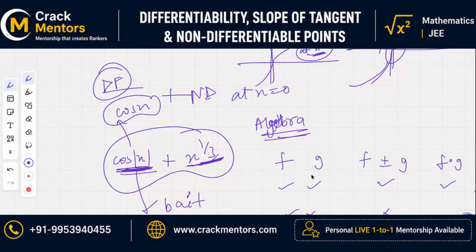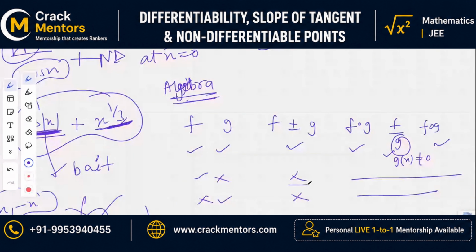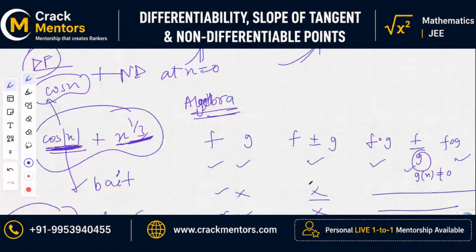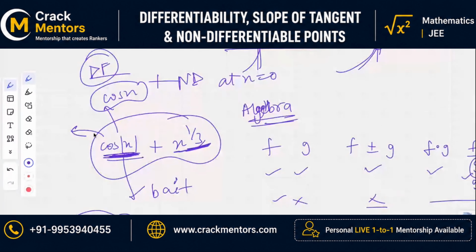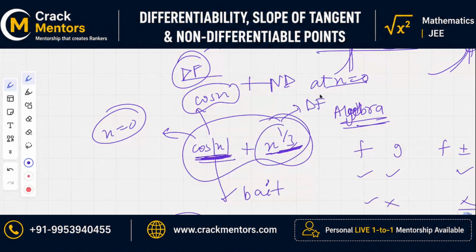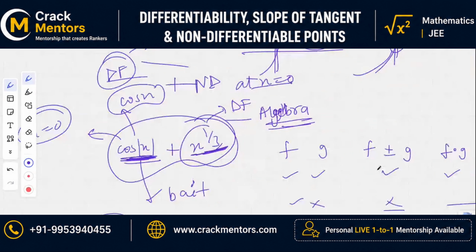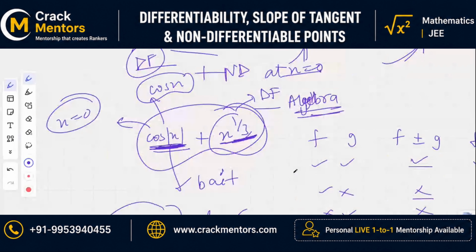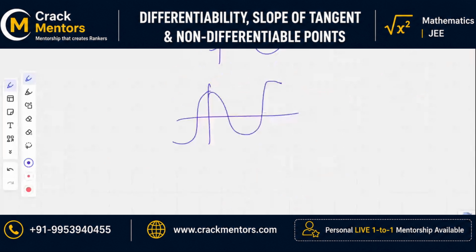Differentiable plus non-differentiable gives me non-differentiable. So what is the point of non-differentiability of this function? x equals to 0, that's the only point. When x is not equal to 0, this is differentiable, this also becomes differentiable, differentiable plus differentiable. So that is the only point. Make use of that.